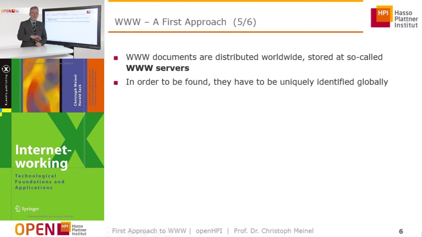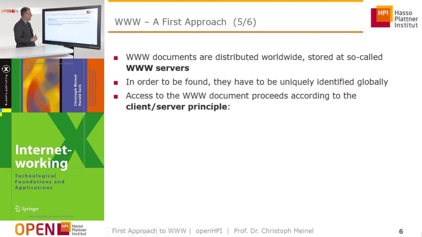So it's important that each document in the web may be worldwide uniquely identified. For this identification, there is a scheme, the Uniform Resource Locator, which helps to address documents that are placed around the world.